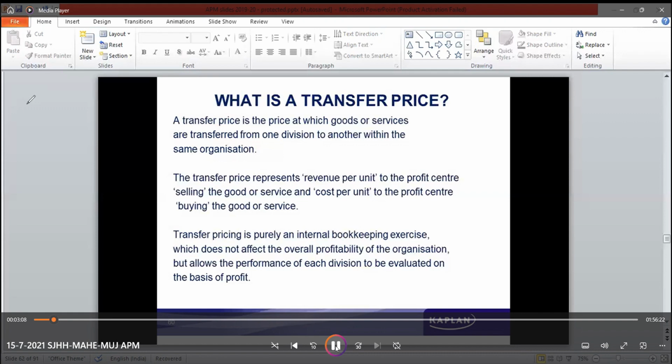Let's say there is a particular responsibility center, A. A produces a product called X, which can be sold in the outside market, where there is demand for it. Now let's say another internal department, B, also requires this material.